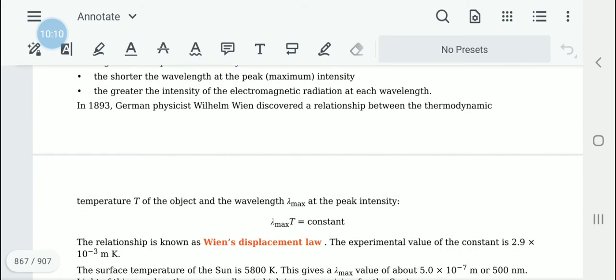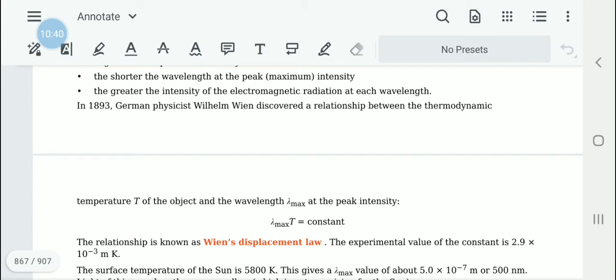Another development in relation to the thermodynamic temperature T of the object and the wavelength lambda max at the peak intensity. This relationship was found by Wilhelm Wien, and we call this Wien's displacement law. Lambda max T is a constant.